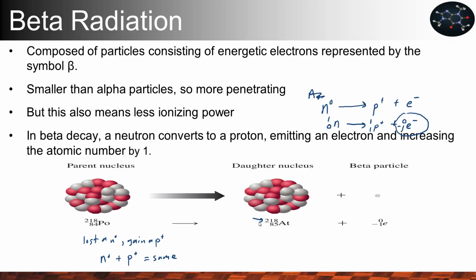So this top number is not going to change in beta decay. But the bottom number, we went from having a neutron to a proton, so the bottom number goes up by 1, because we've just added a proton to this mix. And then we just simply write our electron of 0 and -1, and this balances. 84 is 85 minus 1. 218 is 218 plus 0. No big deal.